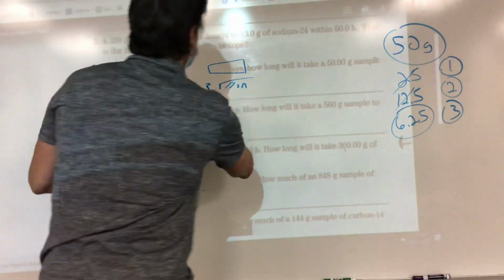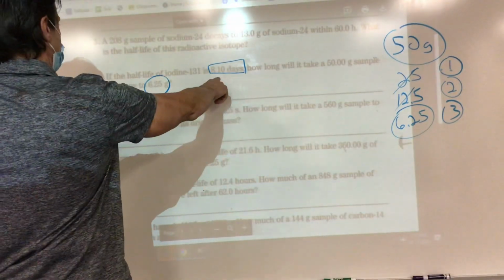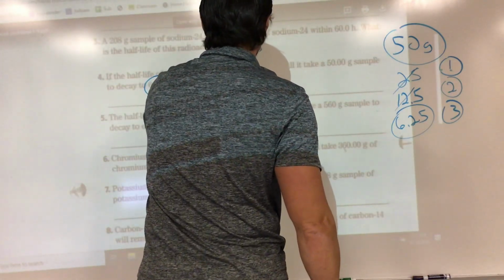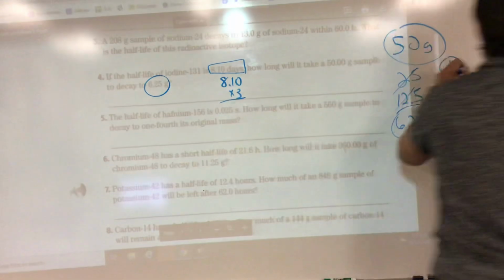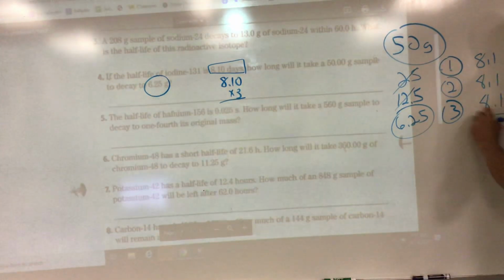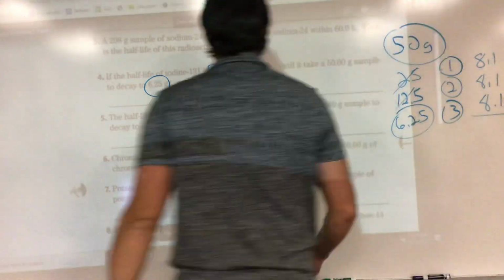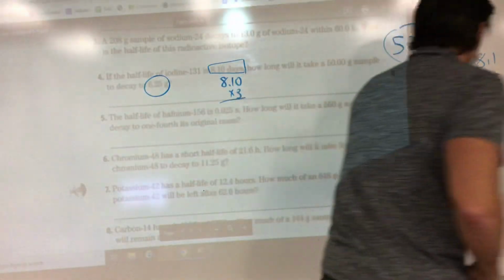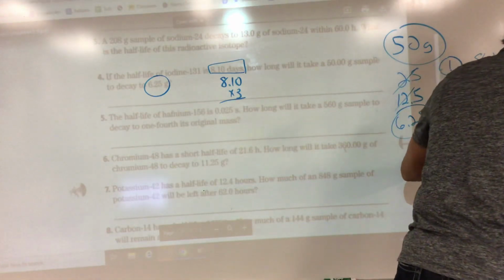Oh, so times it. Oops. They gave it that, so it says this took 8.1 days, 8.1 days, and 8.1 days. Times by 3, so it should have been 24.3 days.